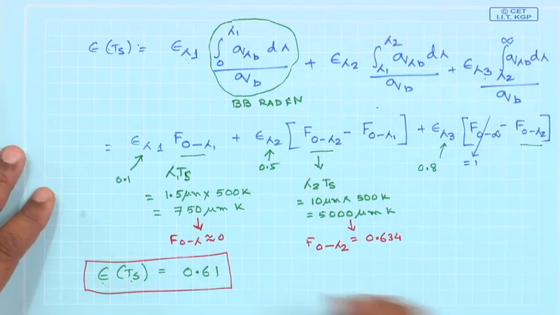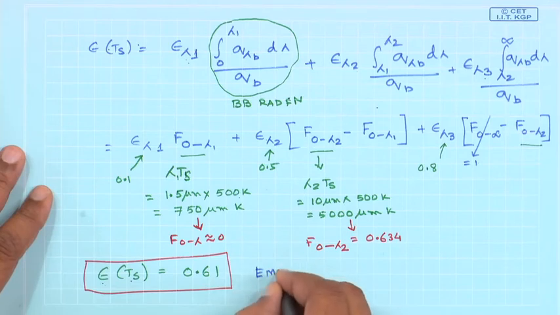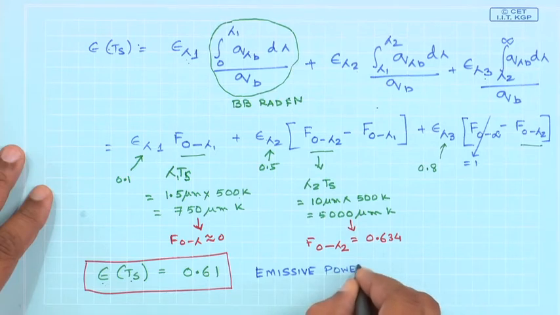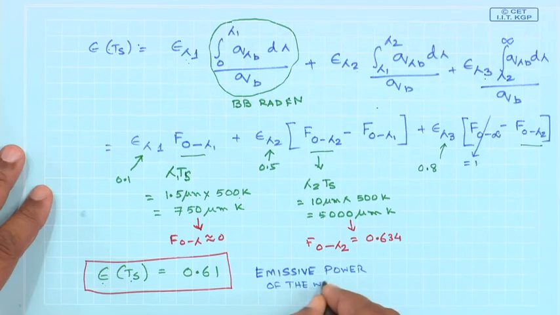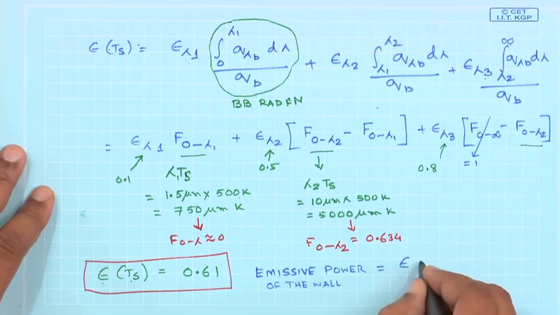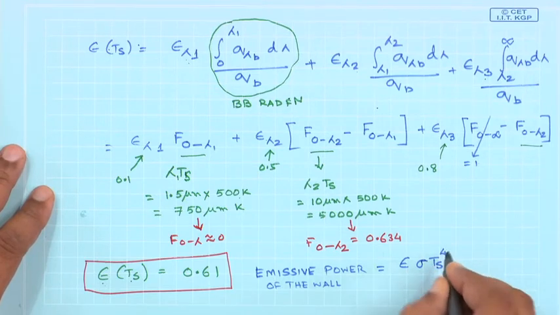And what is going to be its emissive power? The emissive power of the wall is simply epsilon times the emissive power of the wall if it had been a blackbody.